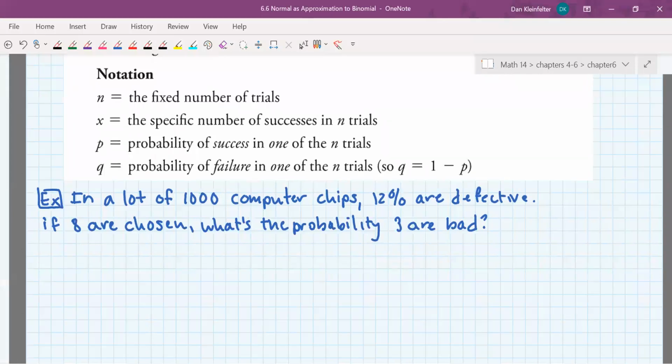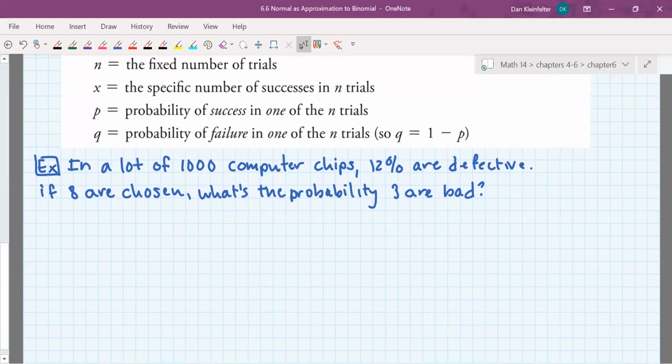So let's try it. Suppose that we have a lot or batch of 1,000 computer chips, and it's known that 12% are defective. If we're going to pick out 8 chips, we want to know the probability that 3, that is exactly 3, are bad. So the formula involves a combination. C for combinations. Out of 8 chips that are chosen, we're finding 3 to be bad.